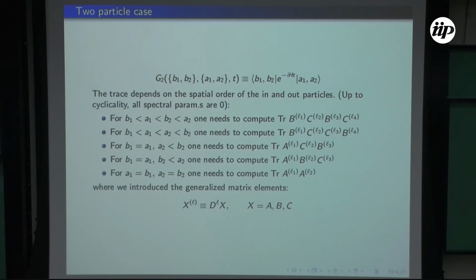So you go for two particles, and then the first thing you realize is that what you write down in the trace depends on the spatial distribution of in and out particles. That's why you have cases to consider, and up to periodicity there are these five cases where I have to consider different kinds of traces.